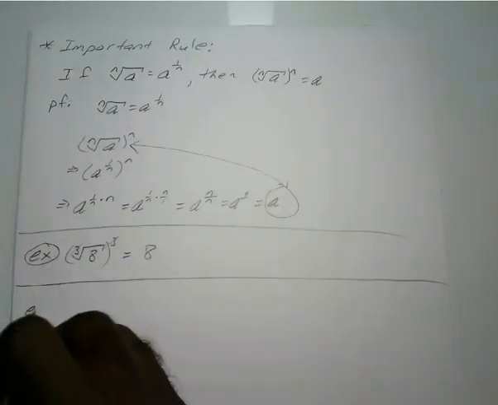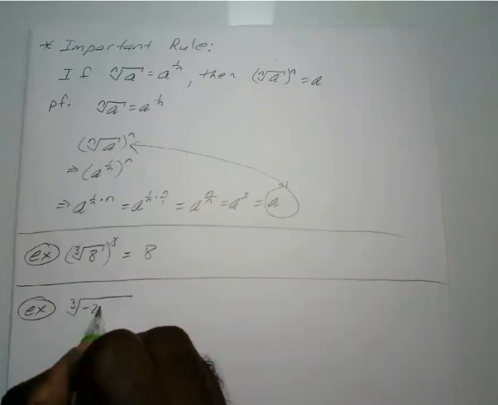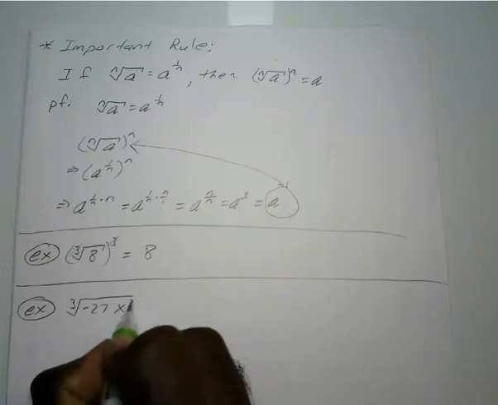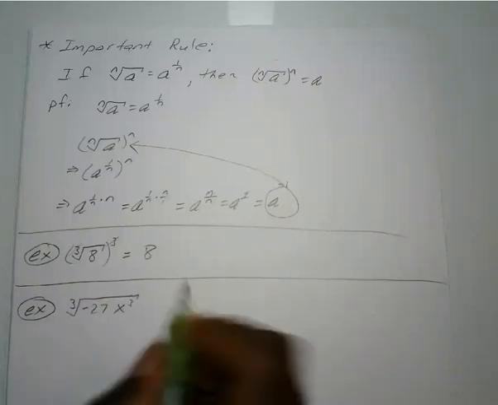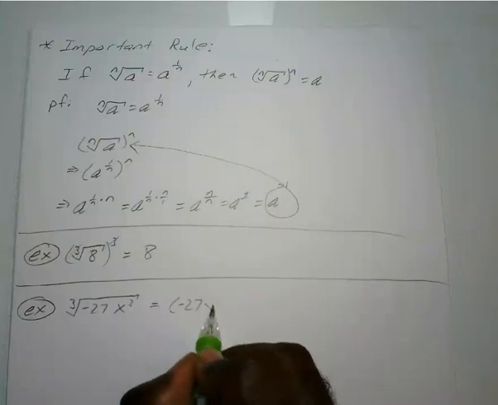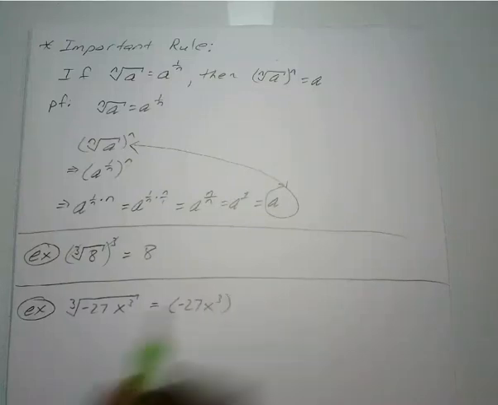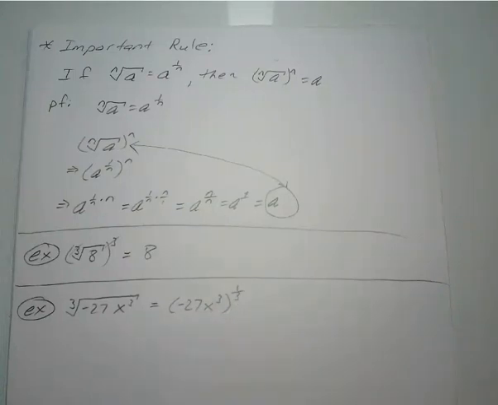Okay, so what if we have the cube root of negative 27x to the third? Now if we convert this, that would give us negative 27x to the third power. And instead of using the radical symbol, we convert that to an exponent, so we make that to the 1/3 power.